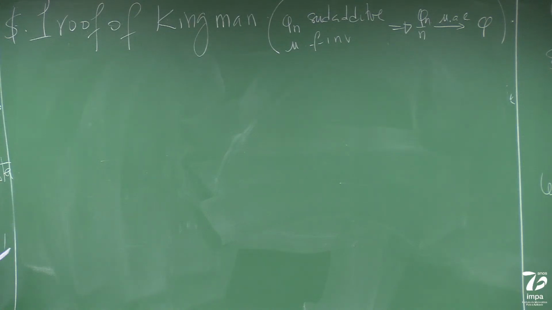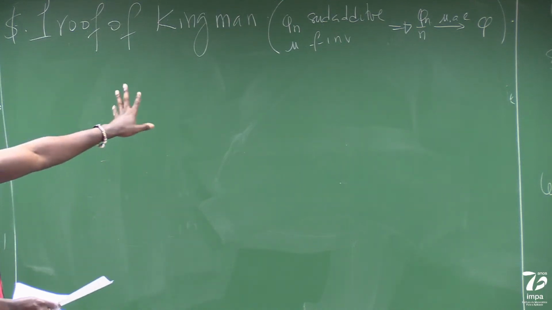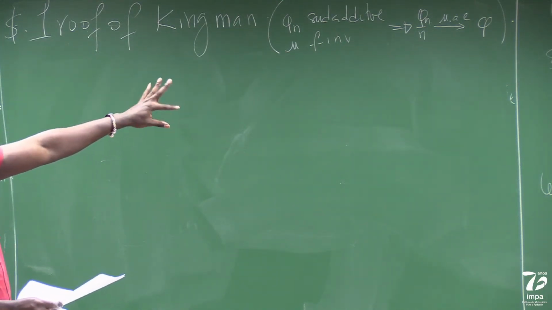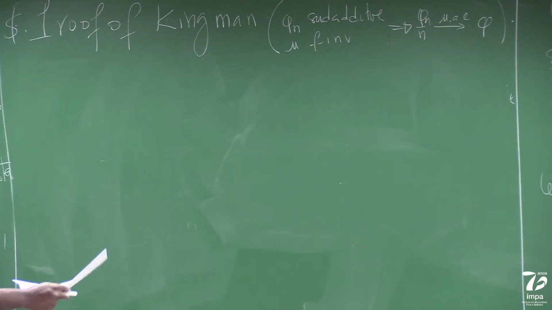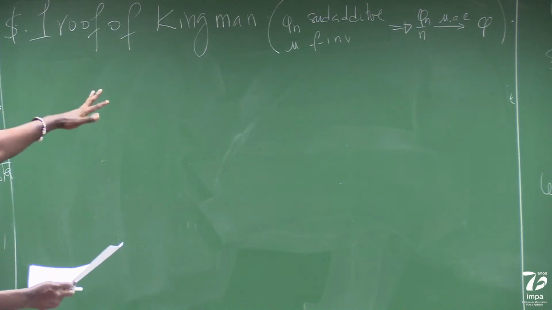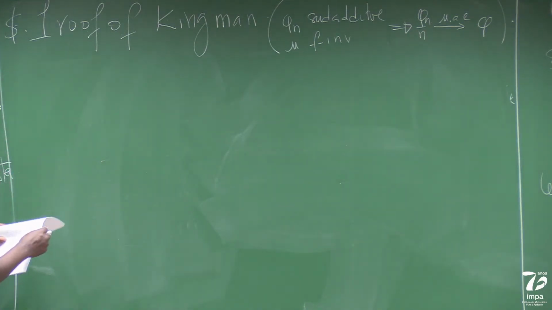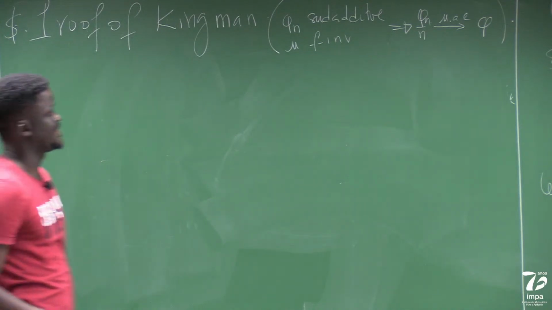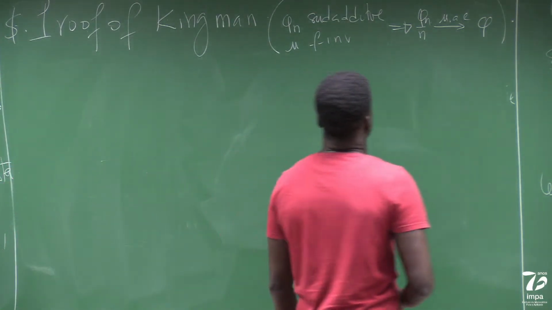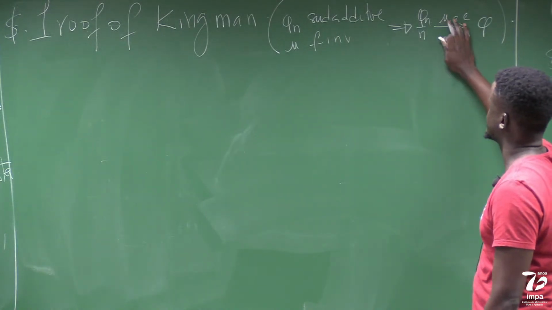So building up to this proof, there are a lot of steps. Again, this proof of Kingman in the literature, you might find the proof in some books using the Ergodic theorem. But here, we will do a different proof that is due to Avila and Bochi. First of all, we want to prove a convergence almost everywhere.